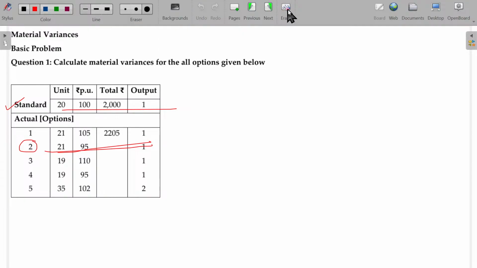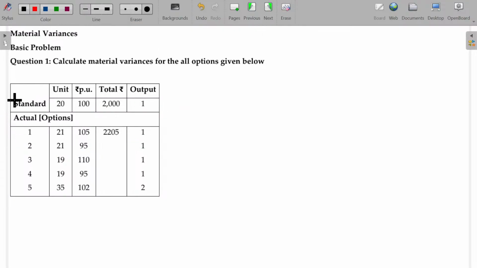Yes, we'll now move on to the second option, standard compared with option number 2. What about the material cost variance? Standard quantity into standard price minus actual quantity into actual price. This is standard cost, this is actual cost.